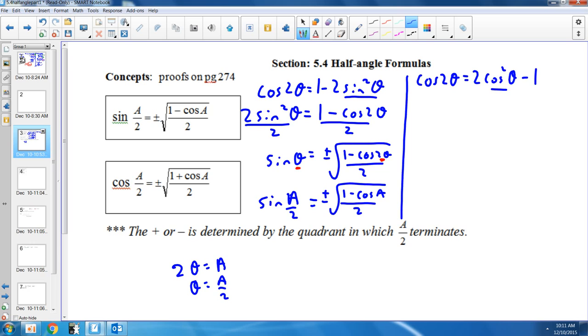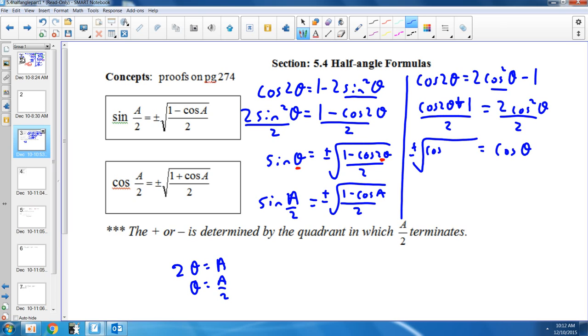Again, solving for that cosine theta, I'm going to add 1 to both sides, divided by 2. And I'm going to get cosine theta equals plus or minus the square root of cosine 2 theta plus 1 divided by 2. And I'm just going to change this around just a little bit.